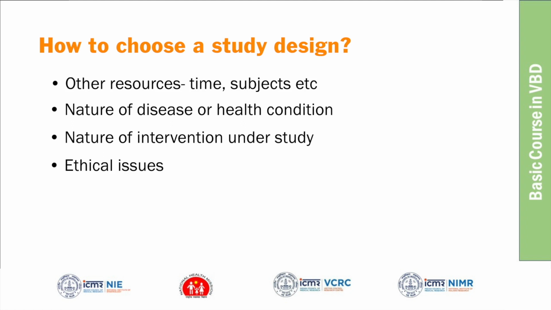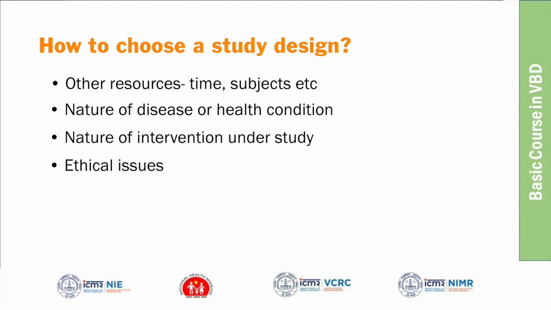Then we have to see what the disease or health condition is that we are talking about, because there are some kinds of research that can be done in certain types of diseases or health conditions, and for some others different study designs are preferable. Then if you are thinking about an intervention, are you trying to change something and see whether that change is effective in producing an outcome?